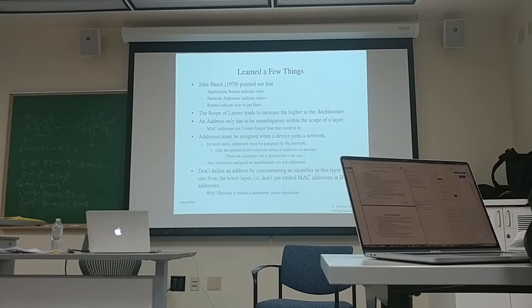I see. It won't know that the other one's available too. It doesn't know those two things go to the same place. Addresses between layers have to be independent. There cannot be a path dependency on the addresses.